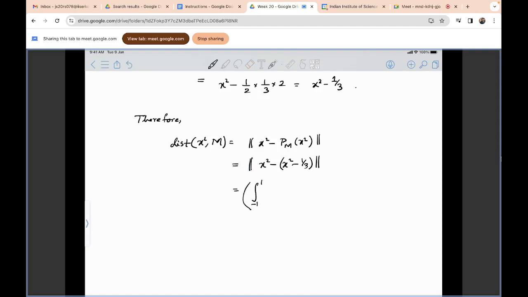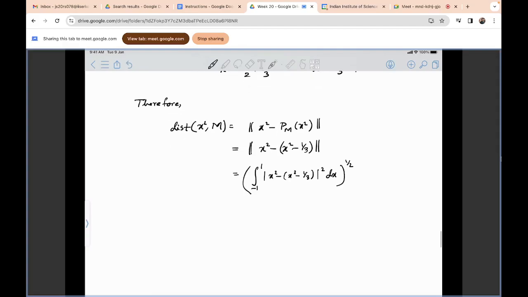So it is the integral from minus 1 to 1 of 1 by 3 mod square dx, which is the integral of 1 by 9 dx.